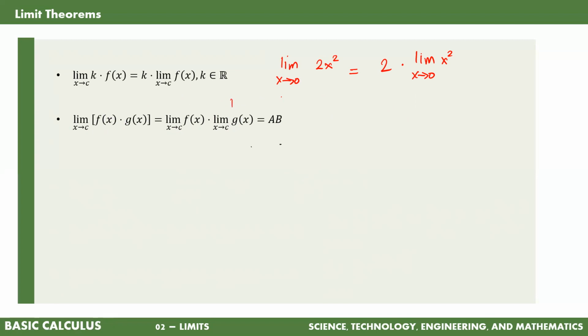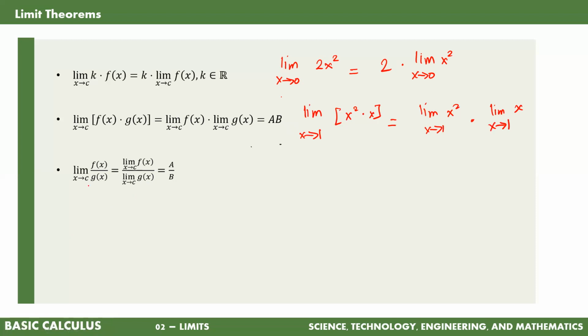So, example, meron kang limit ng x squared times x as x approaches 1. Okay? So, pwede mo din siyang i-decompose or paghiwalayin. So, magiging limit ng x squared as x approaches 1 times the limit of x as x approaches 1. Next.